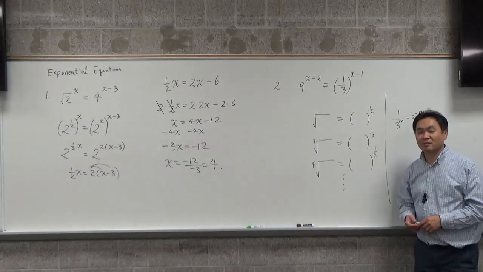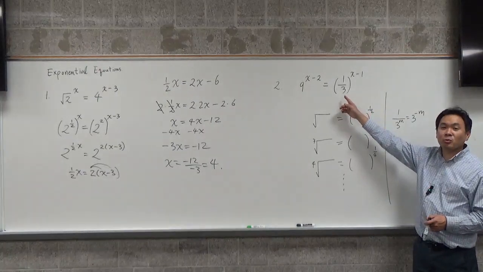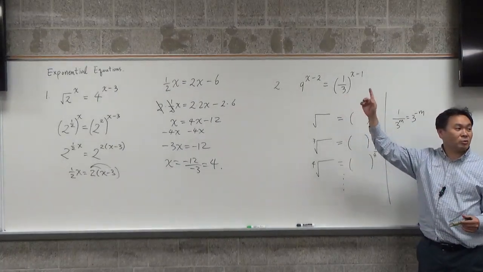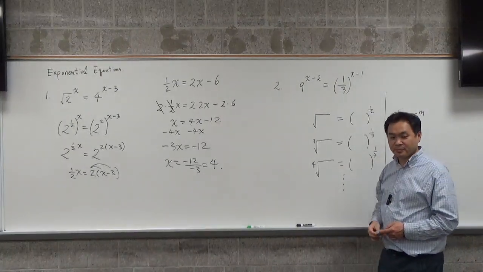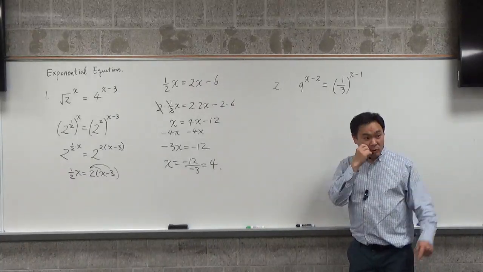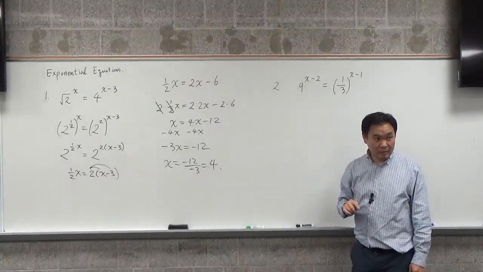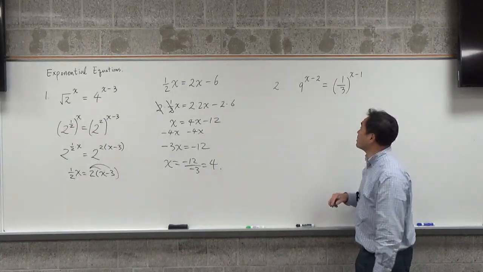Yeah, okay, good. You're probably right. Okay. The 1/3 should be written as 3 to what power? Negative 1 power. Okay. Did you solve this? Anybody with that? What's the answer? 5 over 3. Same thing? Yeah, okay. Yeah, I think so.